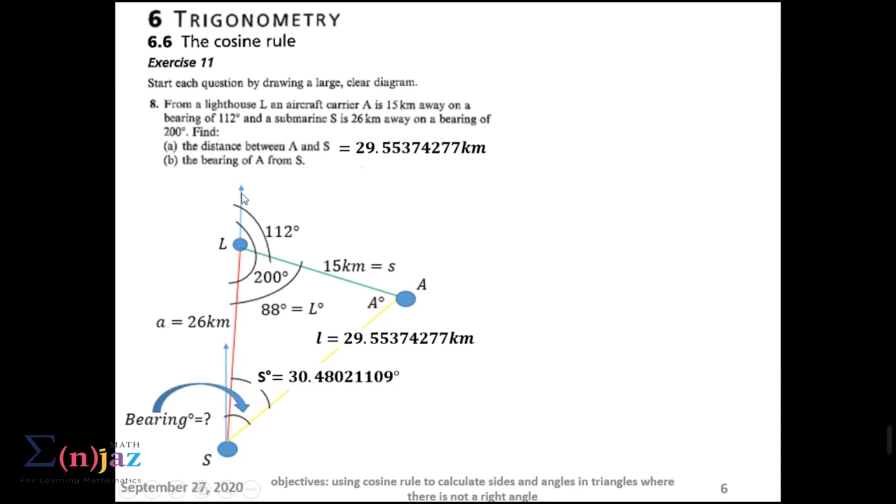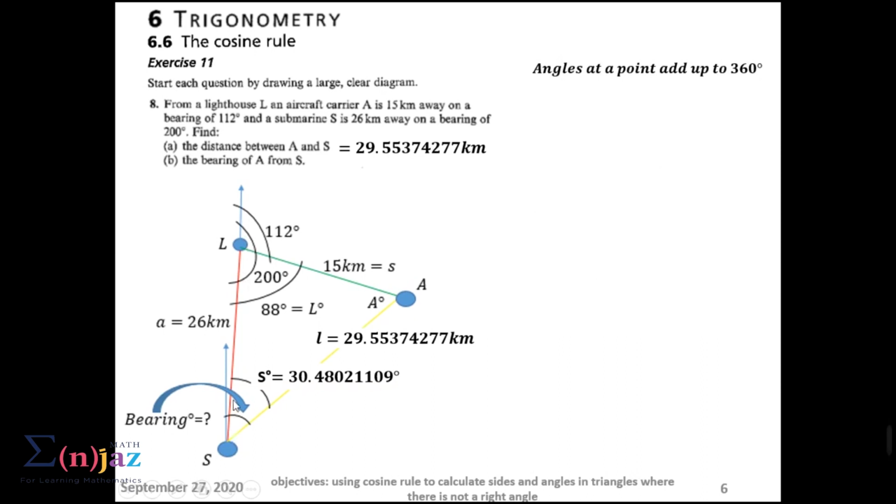And if you find this angle here, can you see this angle here? From the north, you go counterclockwise until you hit the red side or the red line. This angle here is going to be 360 minus 200. So it's going to be 160.